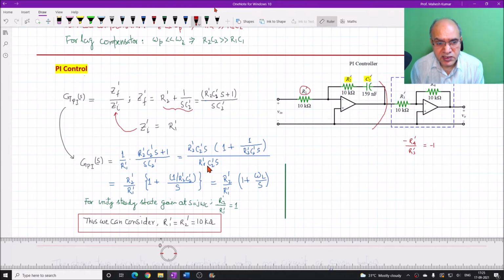And if we simplify further, then this term goes away, and finally we have R2 dash by R1 dash into 1 plus 1 by R2 dash C2 dash S. This is of the form which can be written as R2 dash by R1 dash into 1 plus omega L by S. That's how we expressed previously the gain of the PI control unit, as 1 plus omega L by S. Now here omega L is nothing but 1 by R2 dash C2 dash.